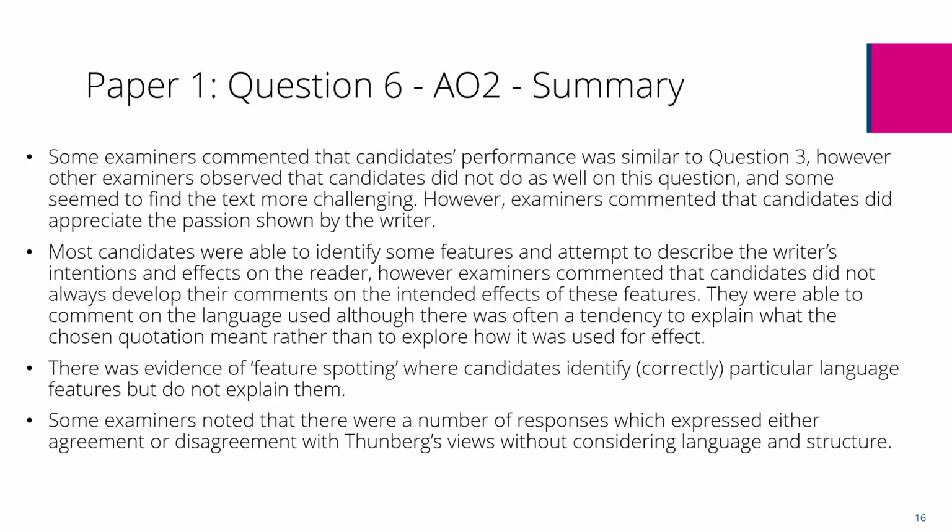Some examiners noted that there were a number of responses which expressed either agreement or disagreement with Thunberg's views without considering language and structure. You know, so almost kind of evaluating it rather than analysing it. And we have to remember that this is an AO2 analytical question, question 3 and question 6.